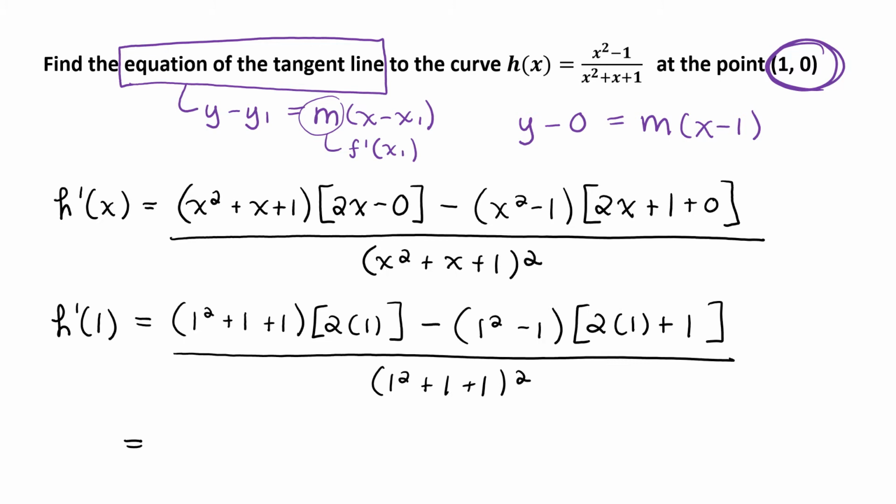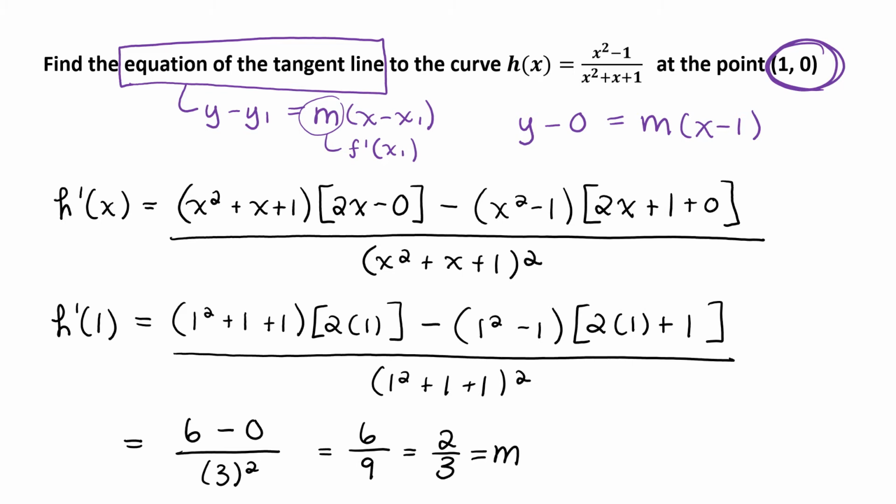So this will be equal to 3 times 2, so that's 6, minus 0 times 3, so that's just 0, over 3 squared, that's 6 over 9, which is equal to 2/3, and that's our slope.